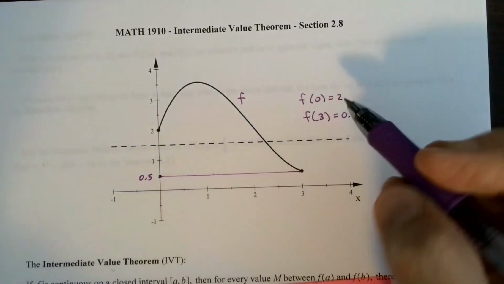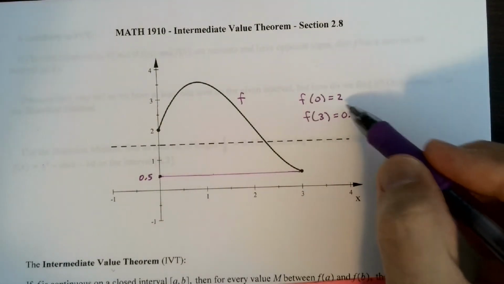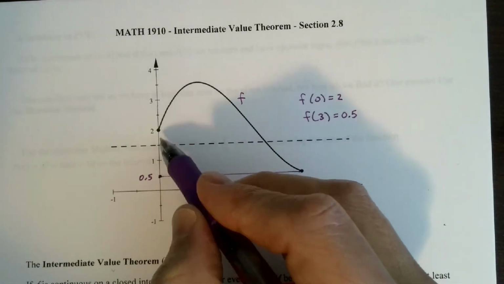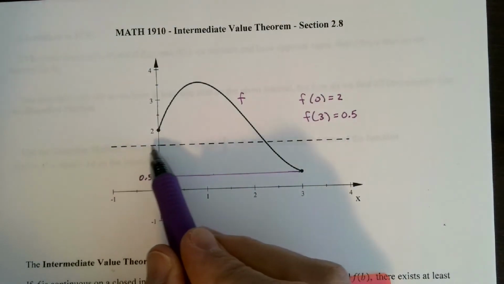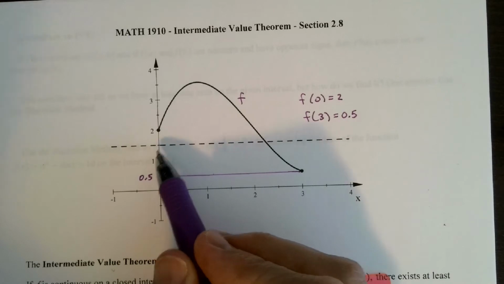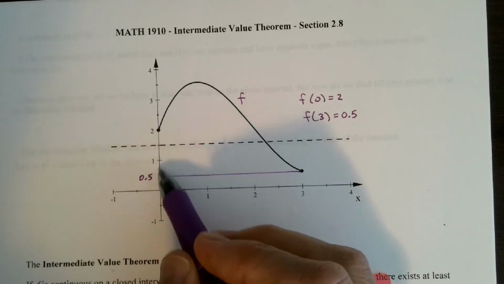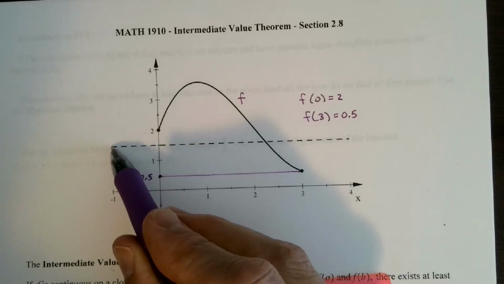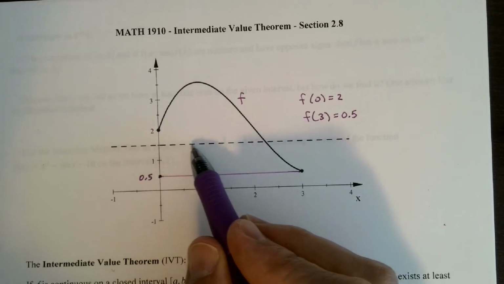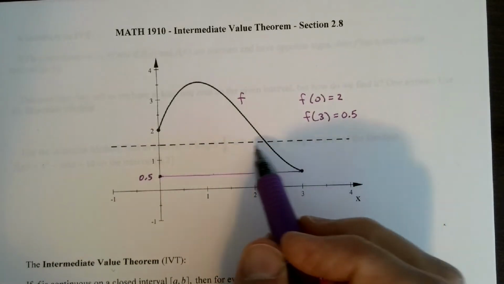So if this is a continuous function, then for any real number between these outputs, between 2 and a half, and here I'm drawing a dashed line at about a y value of y equals 1.5, for any value between 1/2 and 2, I can draw that horizontal line, let's say at 1.5 as I've drawn here. We will intersect the graph of the function at least once.